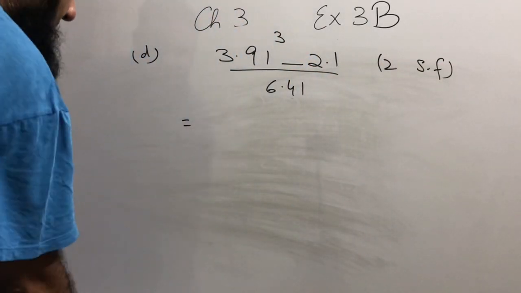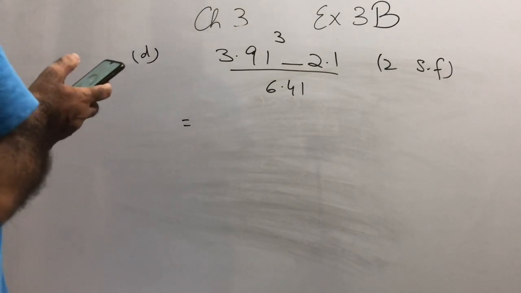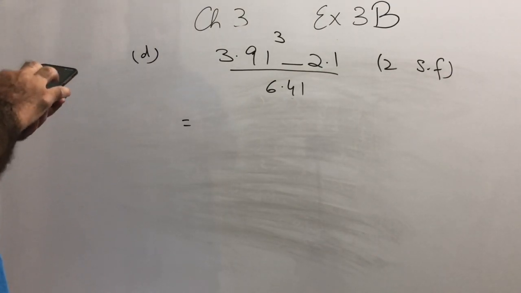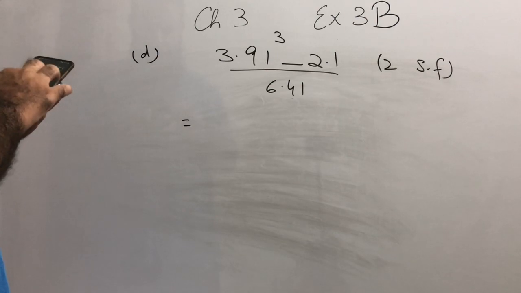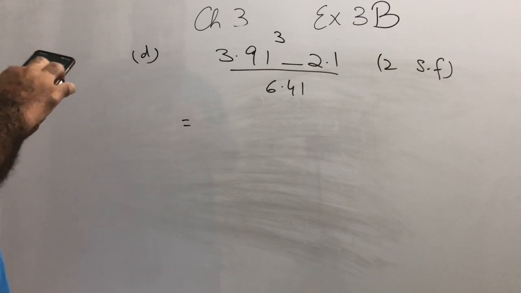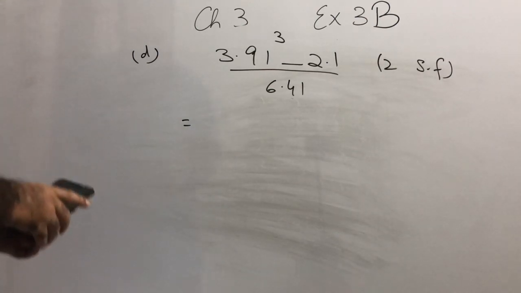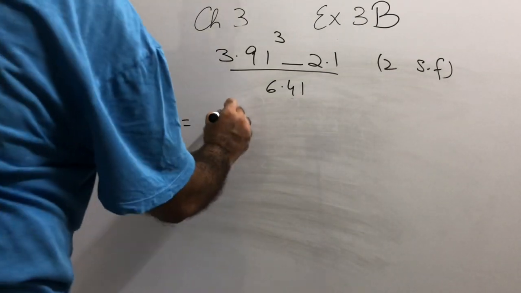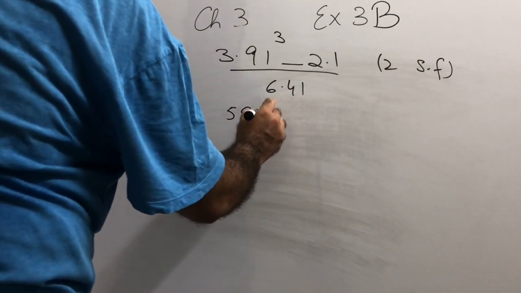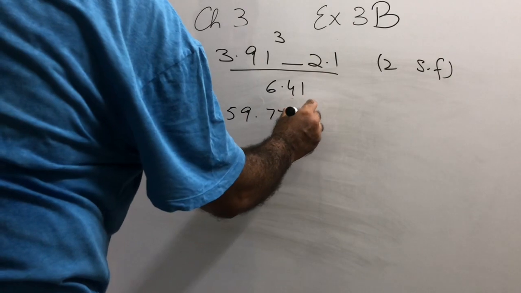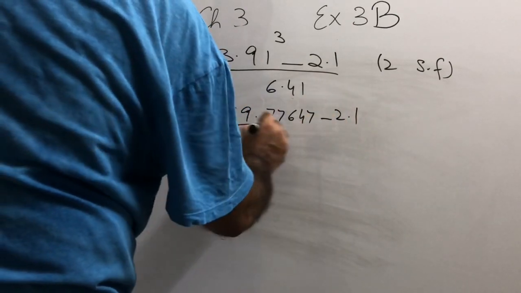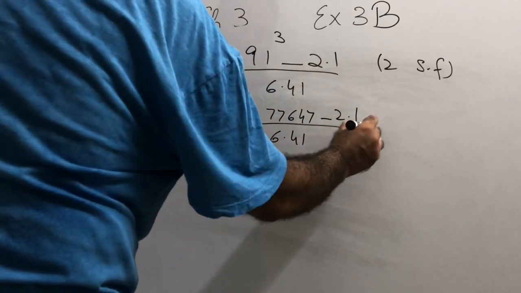So first we will take the cube of 3.91. 3.91 becomes 59.77647 minus 2.1 over 6.41.